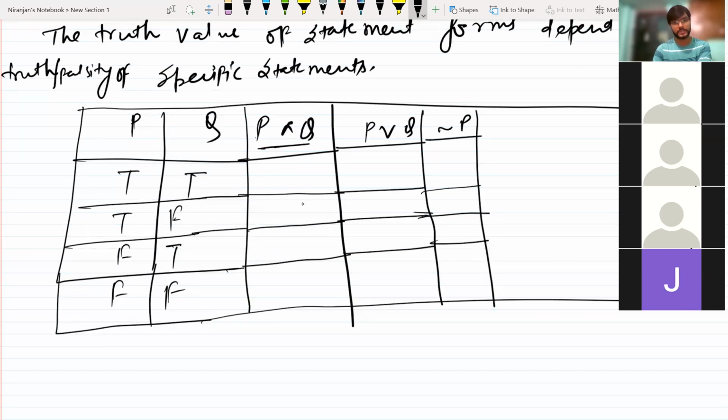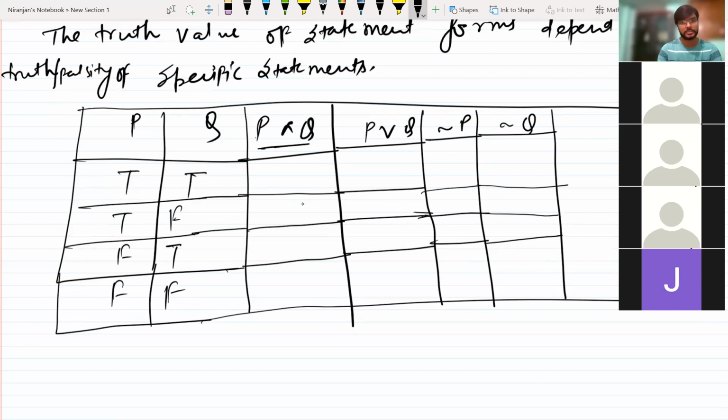Intersection, right? Conjunction, intersection, and these three words are equivalent. So what do you think the truth value should be? True, false, false, false. Here, true, true. You need just one statement to be true. True and false, and you take negation of this one, so you get false, false, true, and true.